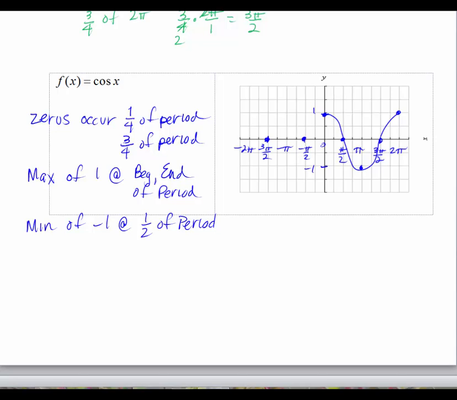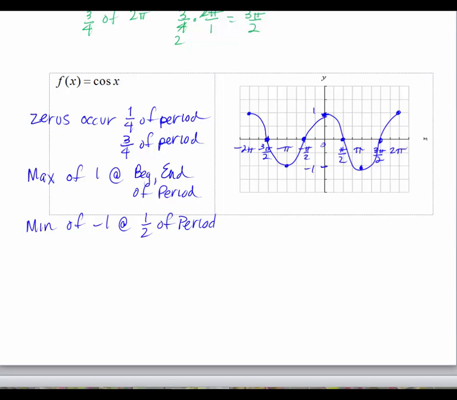It has a max at the beginning, so in this case the beginning is at -2 pi, and at the end, which is at 0. It has a min halfway, so at -pi it would be -1, and then I connect with a nice smooth curve.